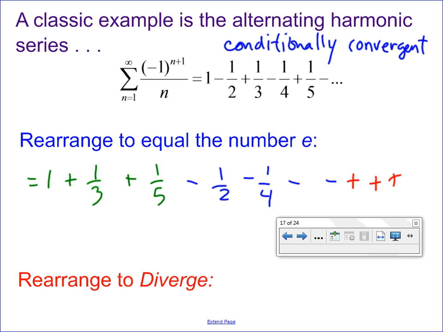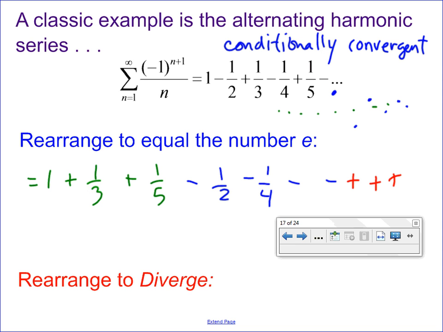And then we're going to grab some negatives, and we're going to get below e as we add those negatives. But all the while, these terms are decreasing in size, and so my partial sums are, there's my number e. They're here, and then here, and then here, and then here, and then here.